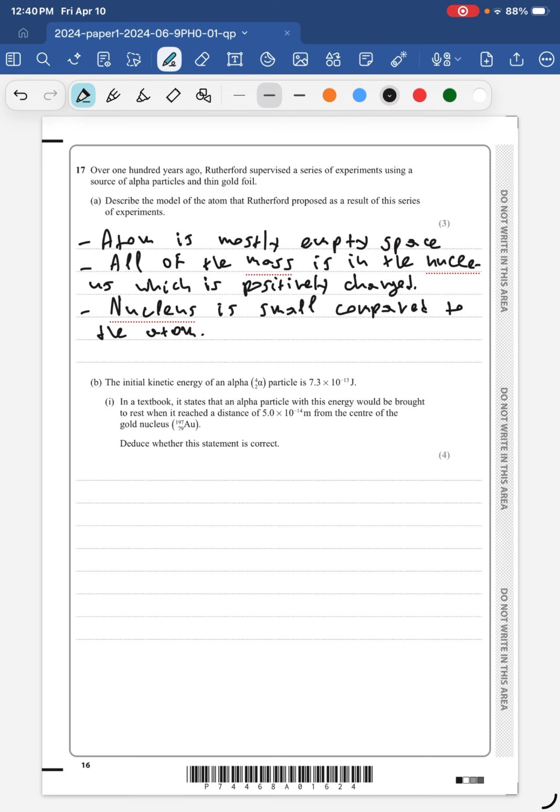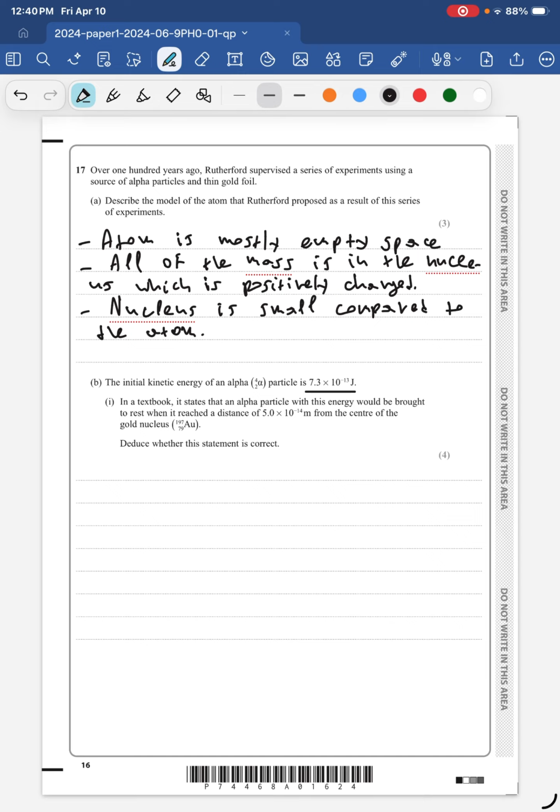Deduce whether this statement is correct. So we need to figure out whether the kinetic energy given is equal to the electric potential energy when the alpha particle reaches very close to the gold nucleus.